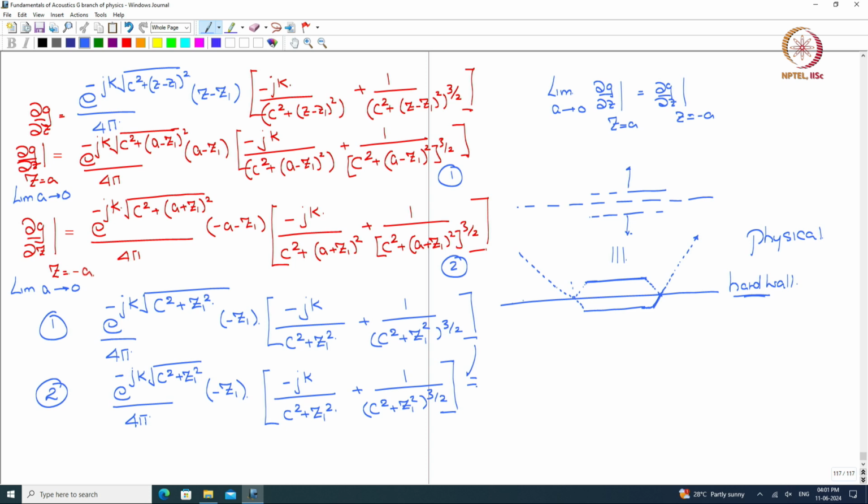So that means, if I make this surface imaginary and I put a source behind that is doing just the opposite of this, or if I put only one source and I put a rigid wall, they are physically equivalent.